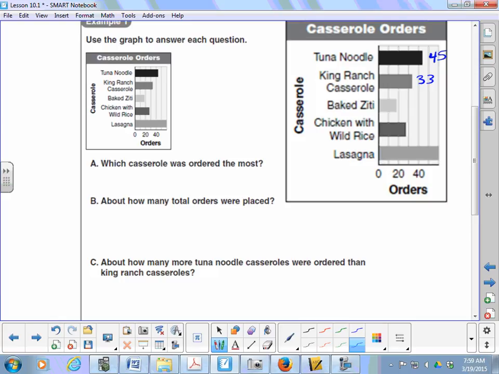So when you do that, you just have to be careful and know that when I'm done, my answer is probably not going to be exactly the same as what the book says, but it's probably going to be close. It may not be the same as your neighbor, but it should be reasonably close. Since I've got 5 different categories here, and some of them I'm going to be able to have exact ones, and other ones I'm not, you should probably be within 5 of each other when you're all said and done.